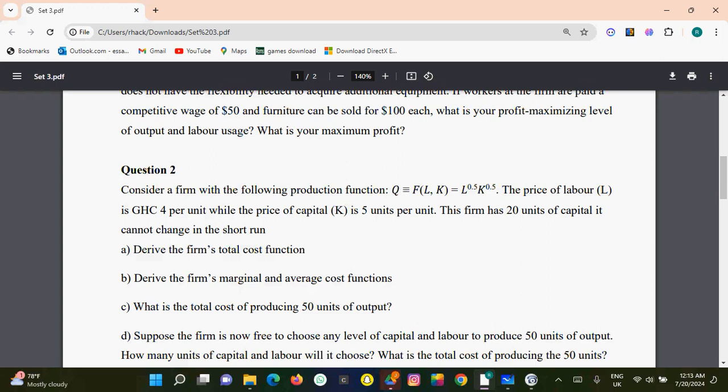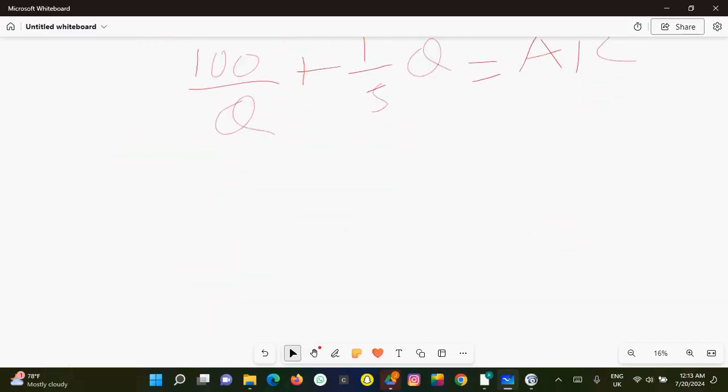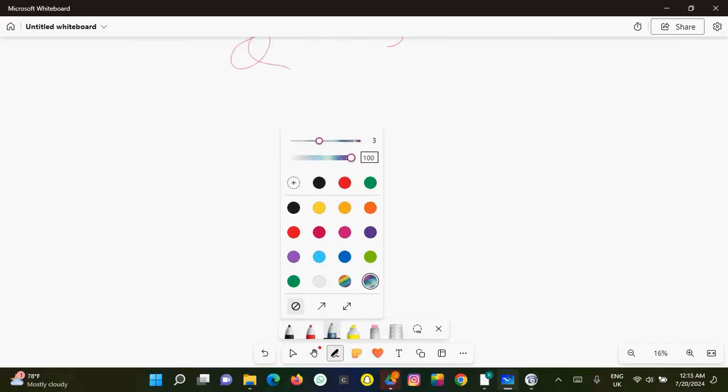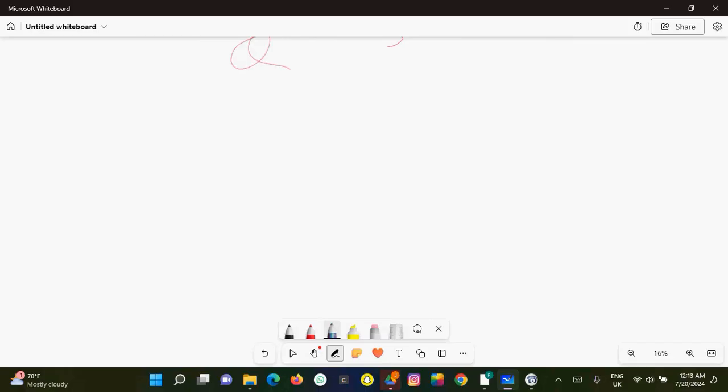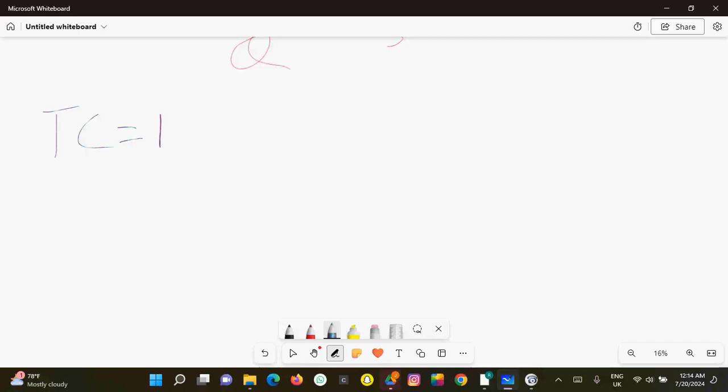Remember, total cost is equal to 100 plus 1 over 5 Q squared, right?